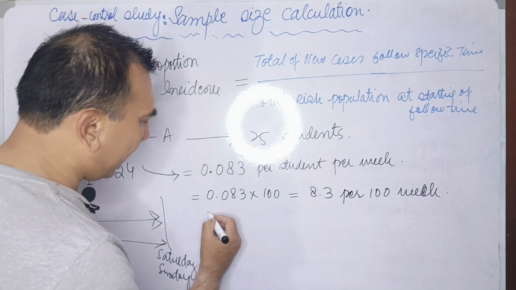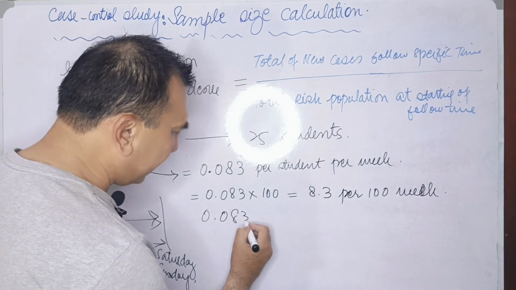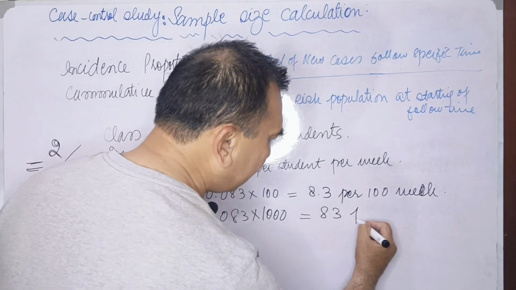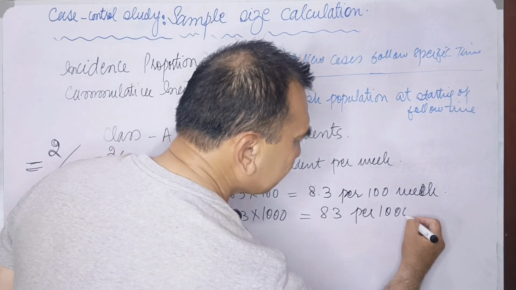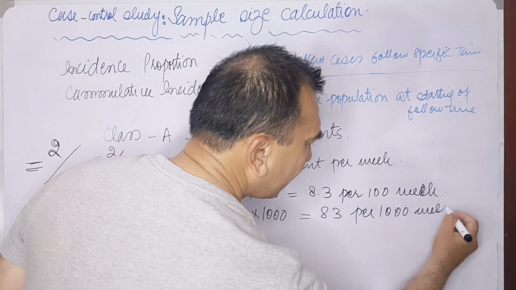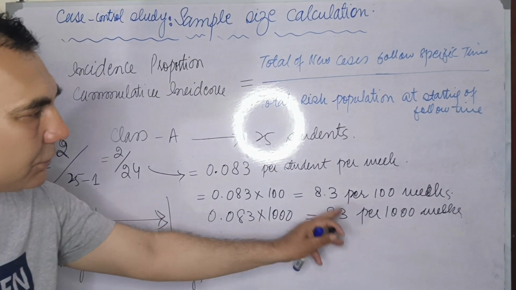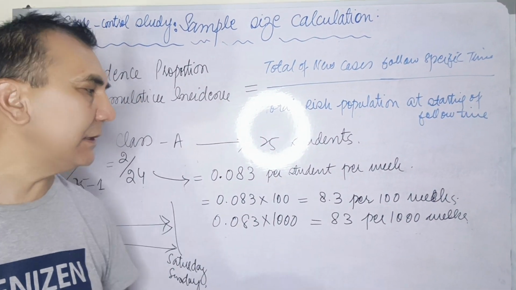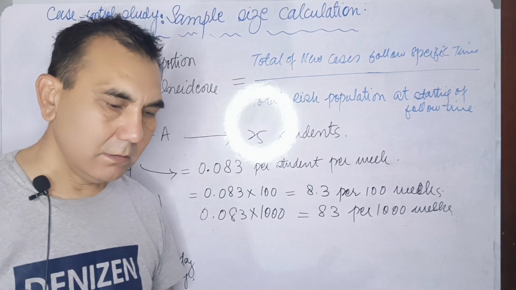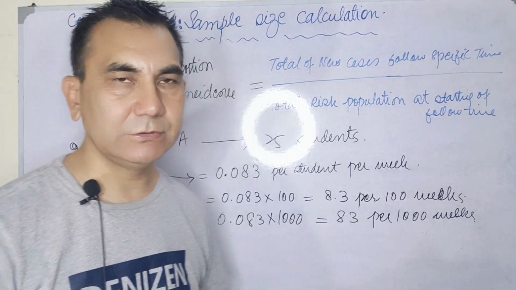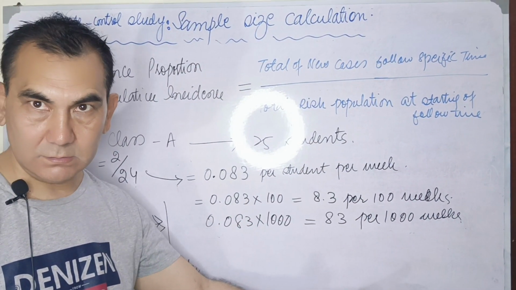If I multiply 0.083 with 1000, it comes up with 83 per 1000 weeks. So it depends on your multiplier. The multiplier is what you use to interpret the result in a more concise way.